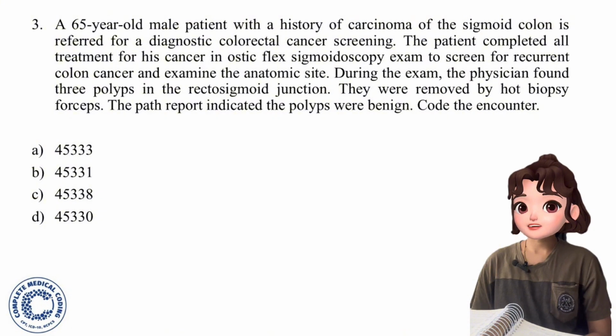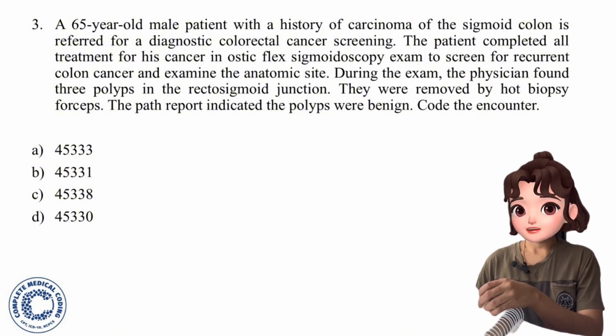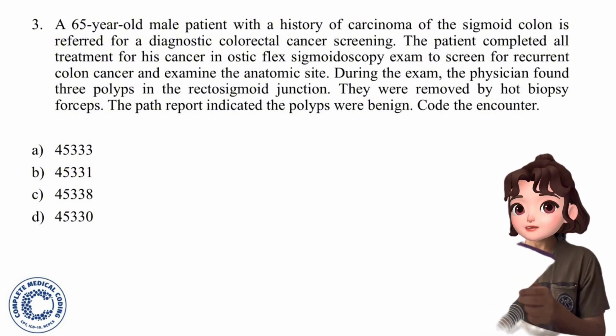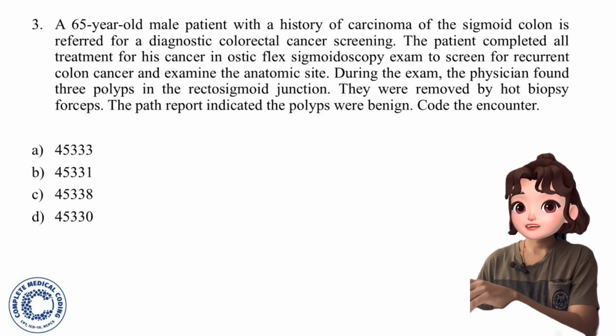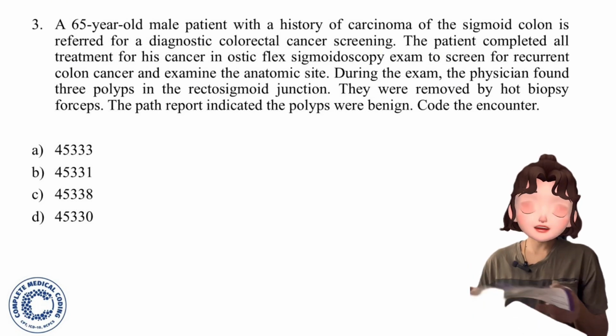During the exam, the physician found 3 polyps in the rectosigmoid junction. They were removed by hot biopsy forceps. The path report indicated the polyps were benign. Code the encounter.